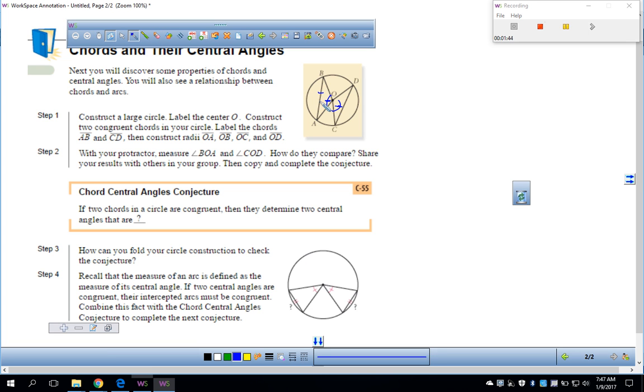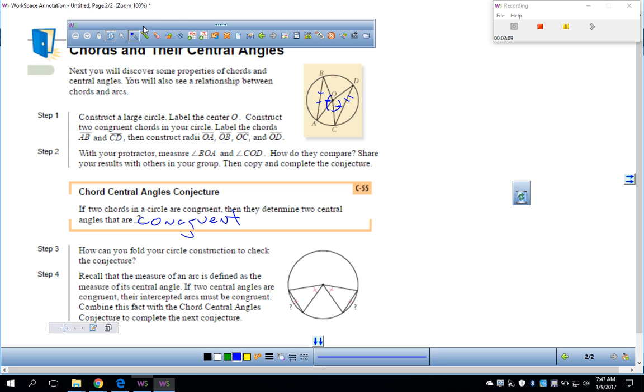We drew this such that this piece was congruent to this piece, right? So in this conjecture, C55, it should say, if two chords are congruent, then they determine two central angles that are congruent as well, okay? Congruent.